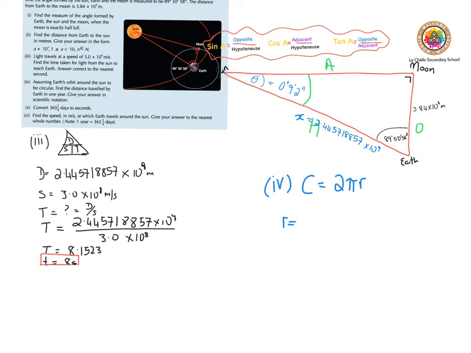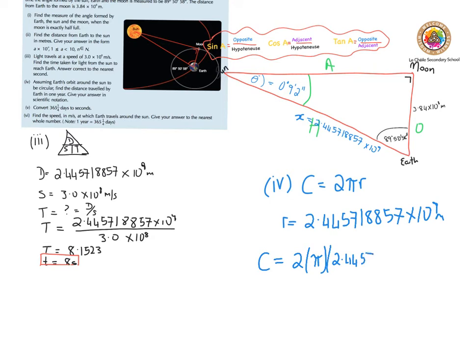Okay, so here we go, we write that out. 2.445718857 by 10 to the power of 9 meters. Again, we're asked to find this distance and to give it in scientific notation. So c equals 2 times pi times our radius, 2.445718857 by 10 to the power of 9.